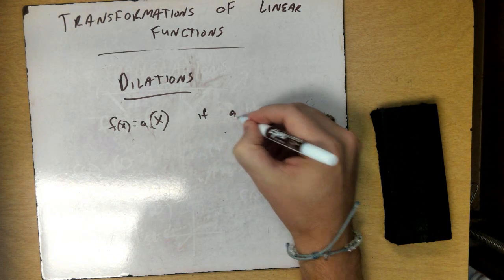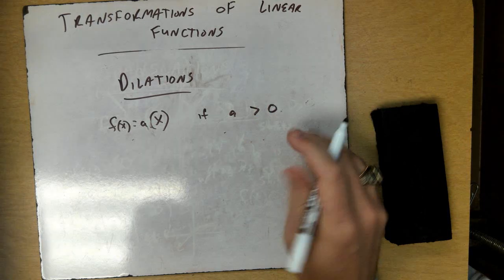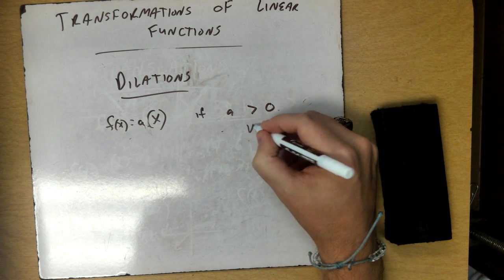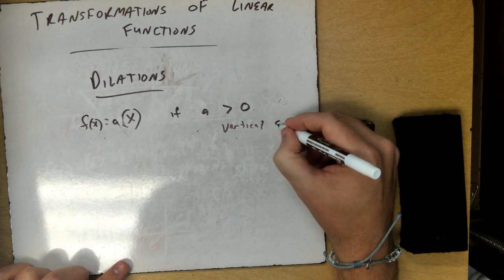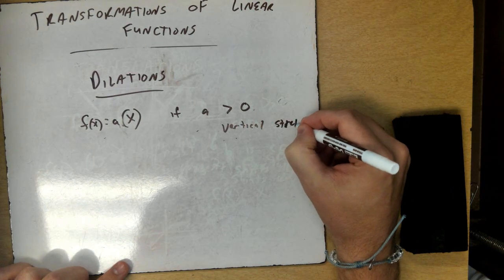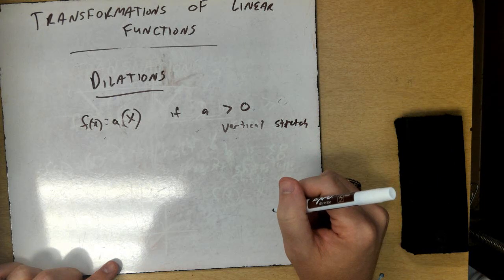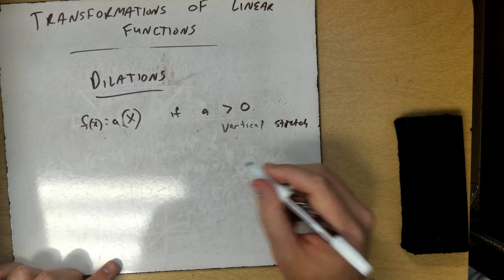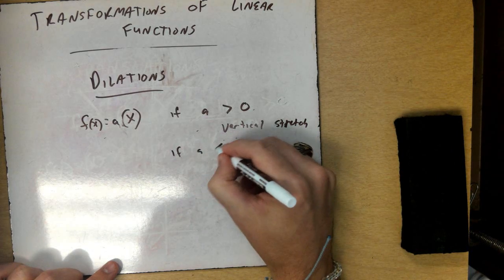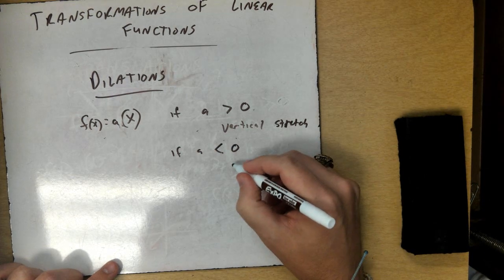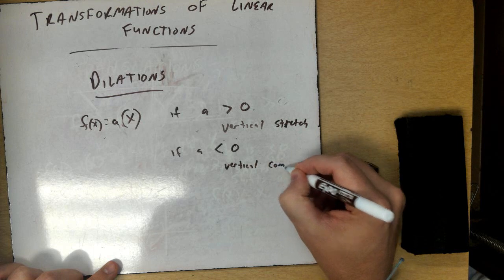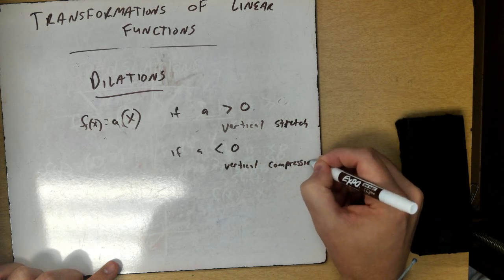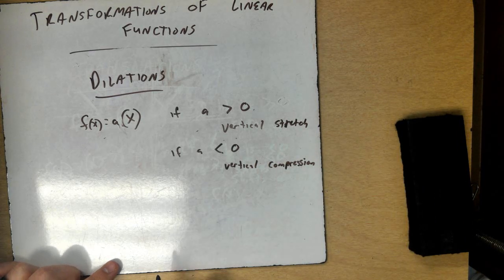So if a is greater than 0, okay, you're going to have a vertical stretch, okay? If a is less than 0, you're going to have a vertical compression, okay?